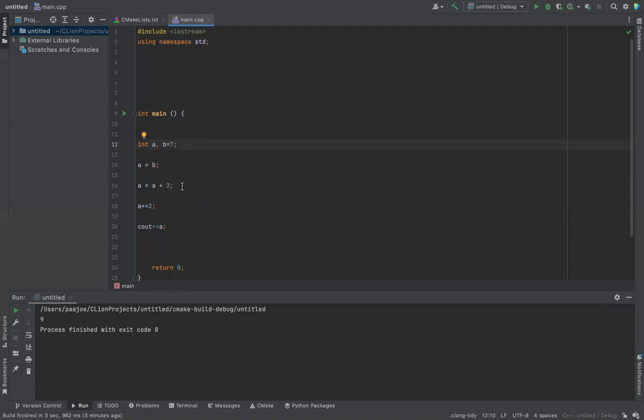So instead of you to write A is equal to A plus 2, you can write A plus is equal to 2. This is how you can write some of the operators. It's a different way of writing A plus 2. I can do A minus 2. All the operators, you can use it for them. Any question?